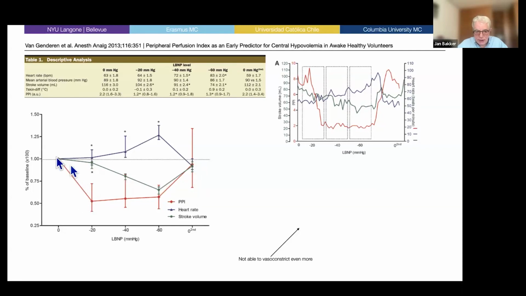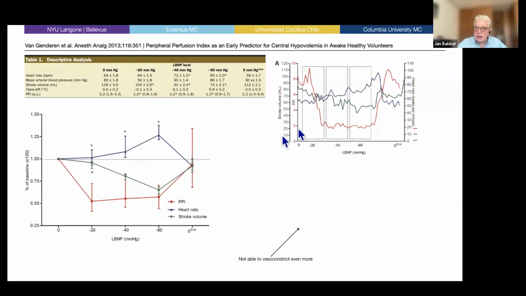This is interesting. This is the peripheral perfusion index, so it's the index retrieved from the pulse oximetry signal. It immediately decreases, and it doesn't further decrease. It's not like it's getting worse and worse with more decrease in stroke volume, because it's the sympathetic nervous system that goes on, and boom, it's there, and it decreases peripheral circulation.